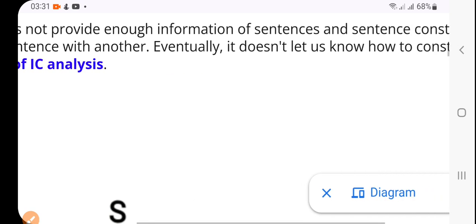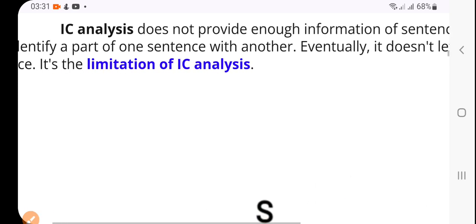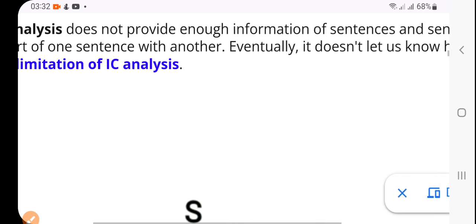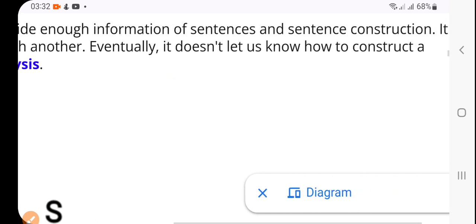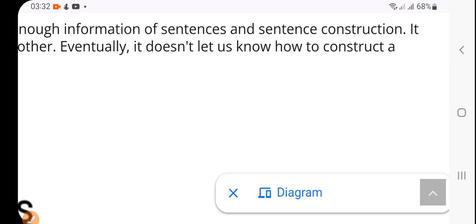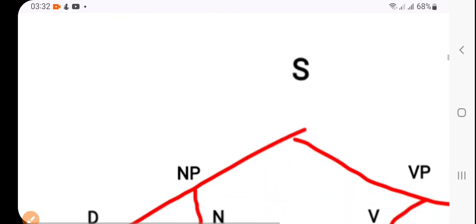It does not let us know how to construct a sentence. That's a limitation of IC analysis. It does not provide enough information about sentence and sentence construction. Which kind of sentence is this? Is it a simple sentence or complex sentence or something? So IC analysis does not make it clear, right?